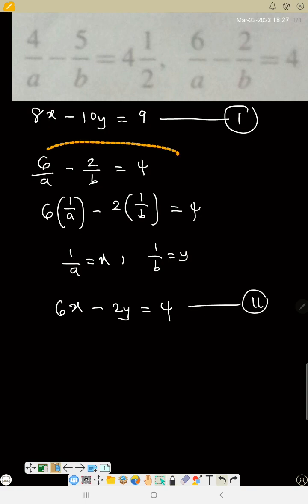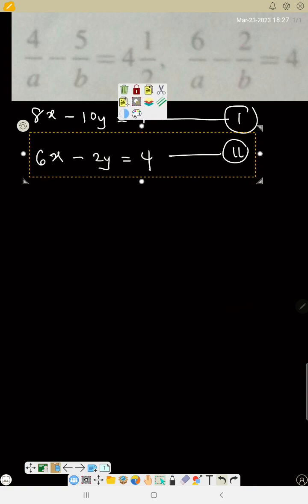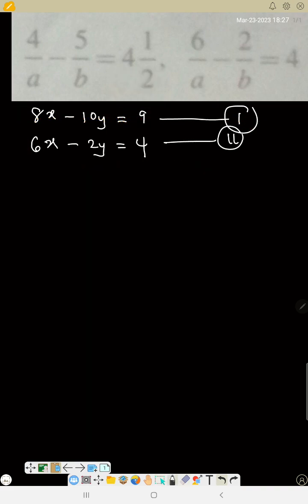So I'll combine both equations now. So I have my simultaneous equations in linear form now. So use elimination method. To use elimination method, you have to make the coefficients the same. But this second equation, something can go into all 2. It's better we reduce the equation.